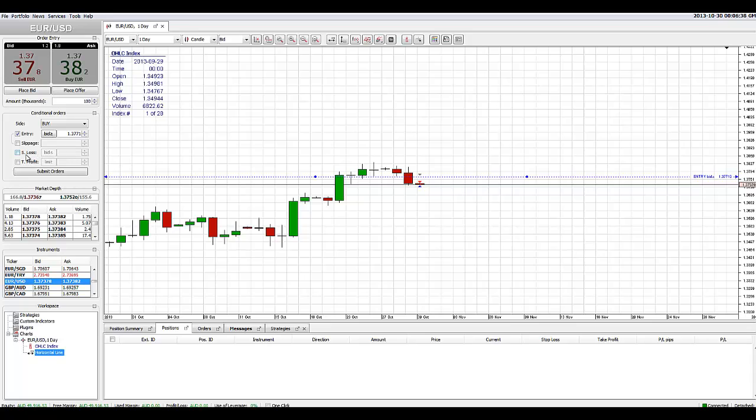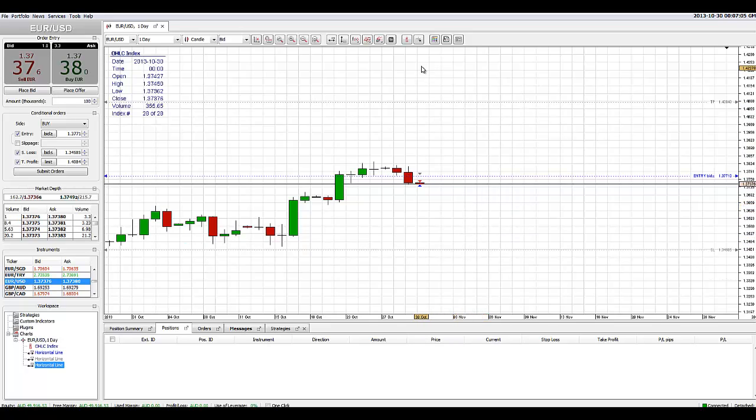can also set a stop loss. When you click on the stop loss, it will appear on the chart. You can drag it to where is most suitable for you, maybe below a recent swing low, for example, and then a take profit. You can also drag it to where you wish after clicking the take profit box.